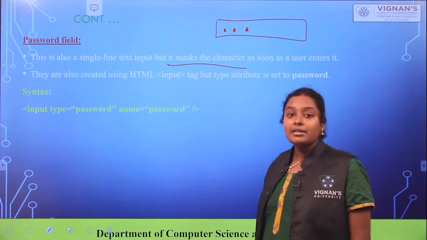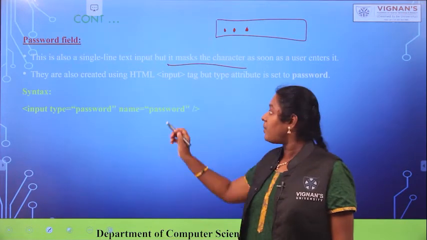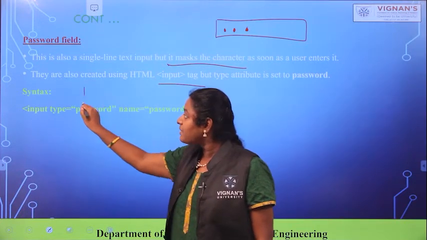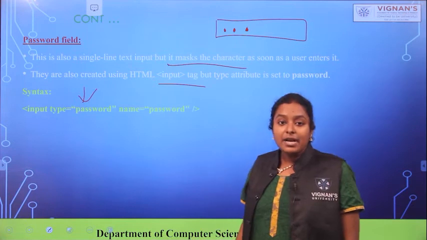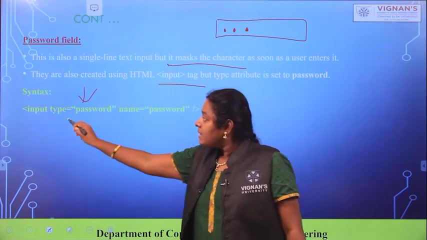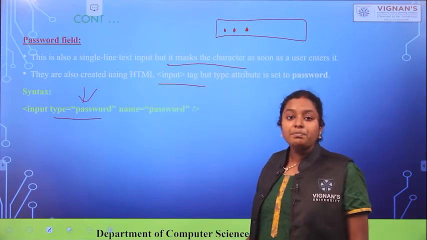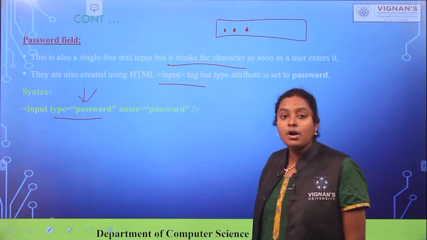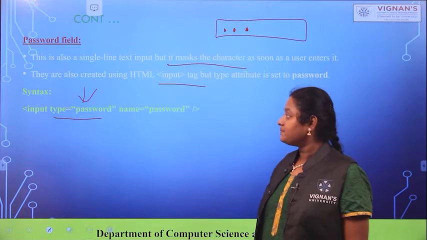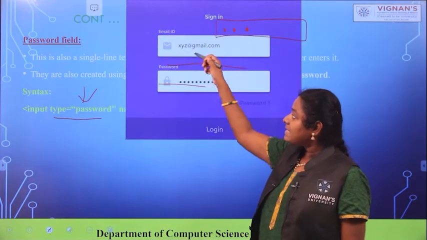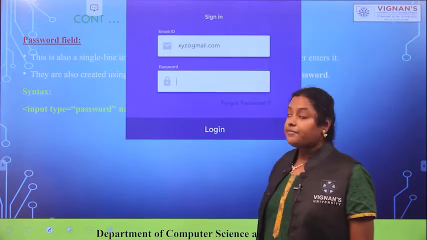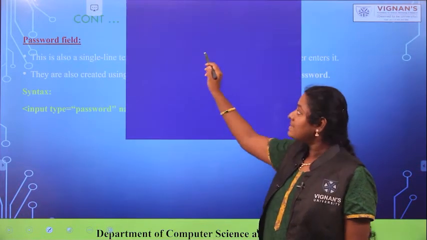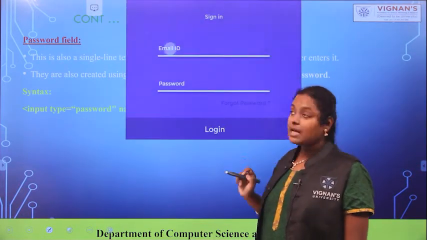How to create the password field? Again with the help of the input tag. The difference is that for the password field you give type equal to password, but for the text field you give type equal to text. In this GIF image, I have two fields, a text field and a password field.